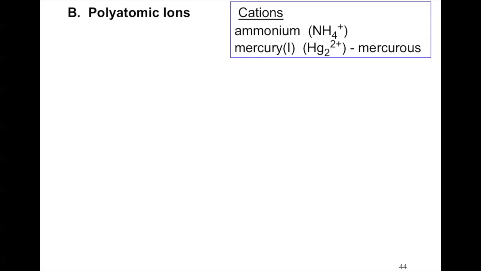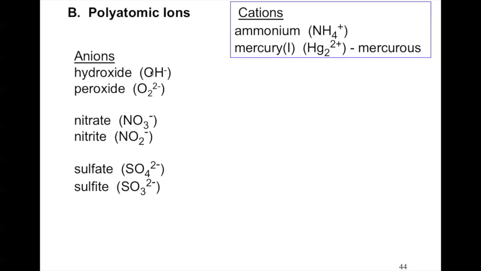Since you have 2 atoms, then that requires each atom to have a +1 charge. So that's called the mercury 1 dication, or the mercurous ion. You don't need to memorize this language here, mercurous.